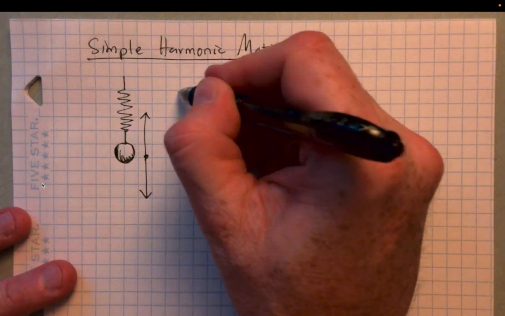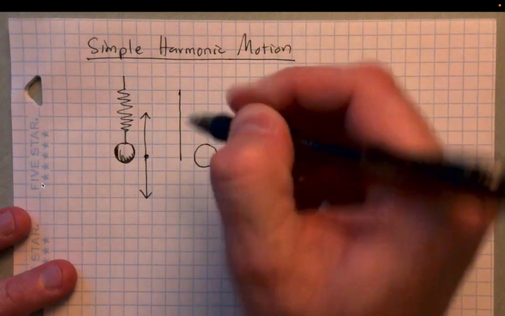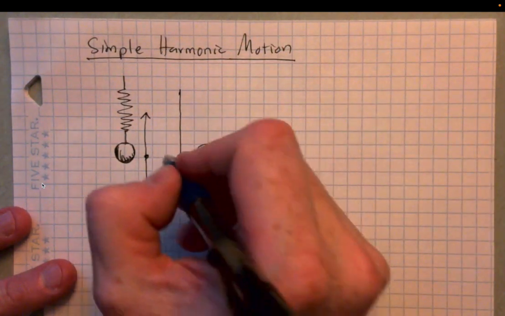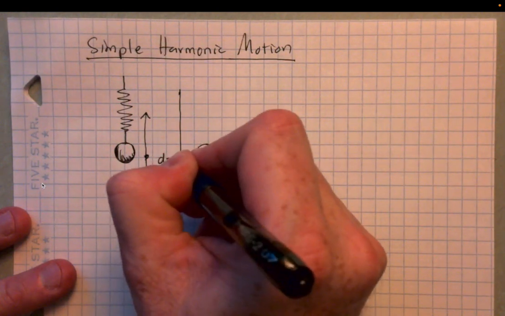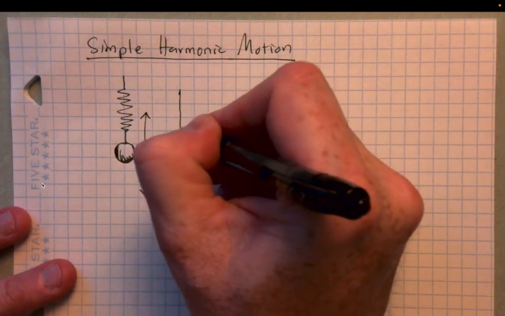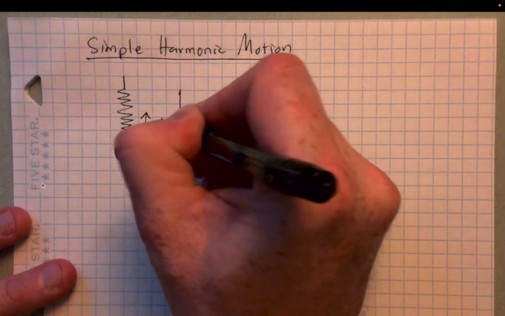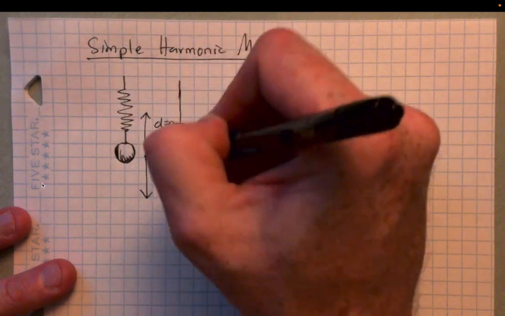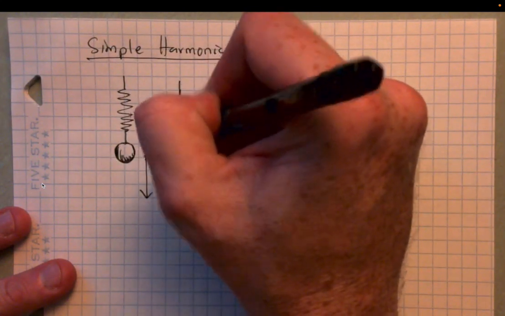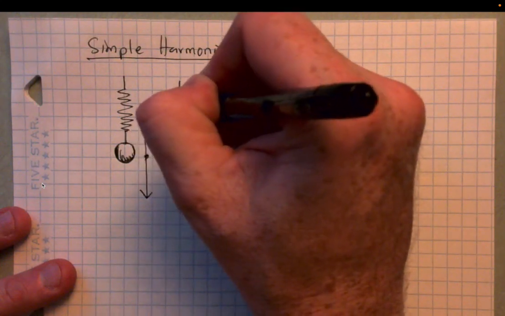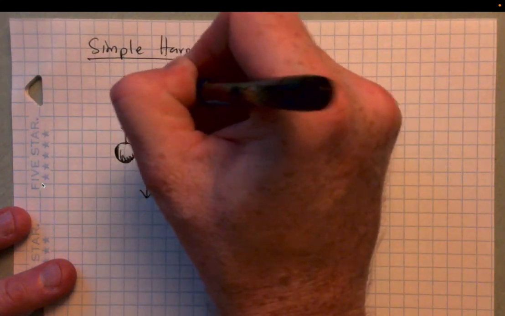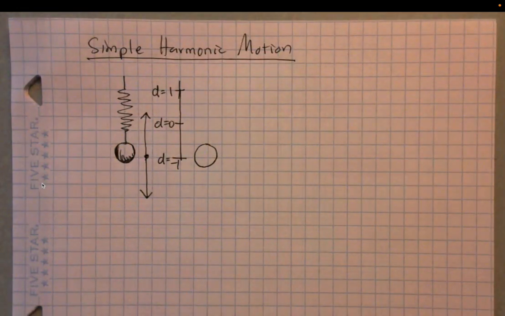Let's say this is d equals -1, and then maybe up here d equals 0, and then 1, 2. Up here we'll put d equals +1. Okay, and d here just means distance.